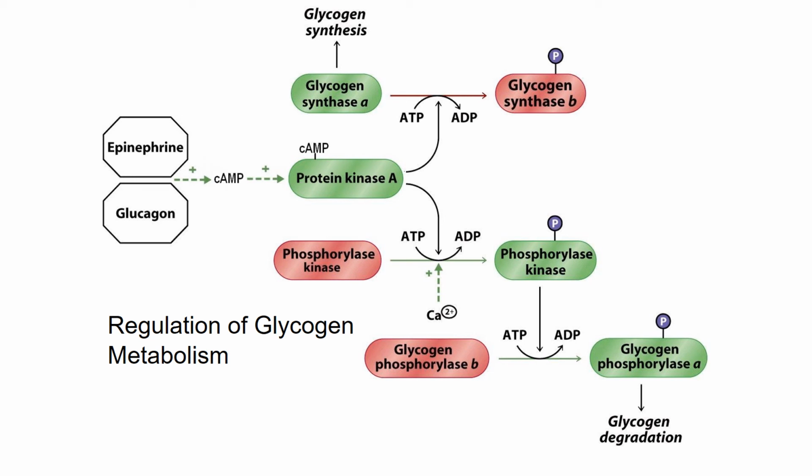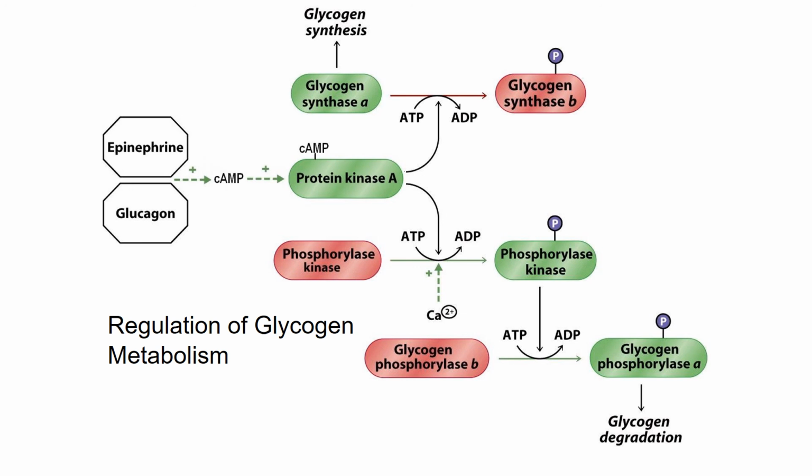So epinephrine is going to activate cyclic AMP, which binds to protein kinase A. This is a kinase. It phosphorylates. Okay. So this is going to inactivate glycogen synthase. So this is a covalent modification. We phosphorylate that enzyme, and that will inactivate glycogen synthase. So this is its inactivated state.